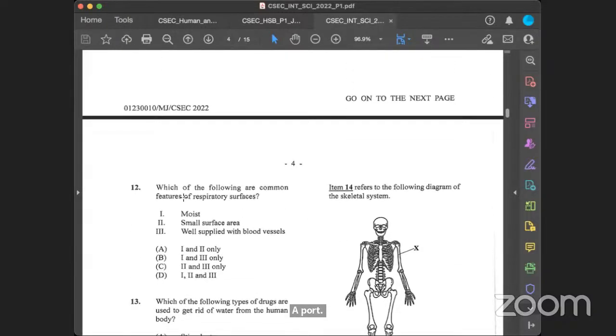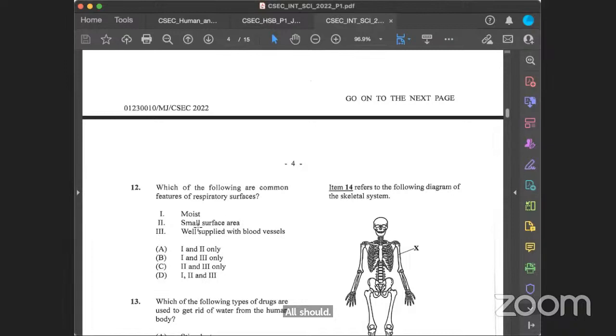And 12 is what? You said A. No, it's not gonna be A. It's a large surface area. Pay attention. The question says small surface area.